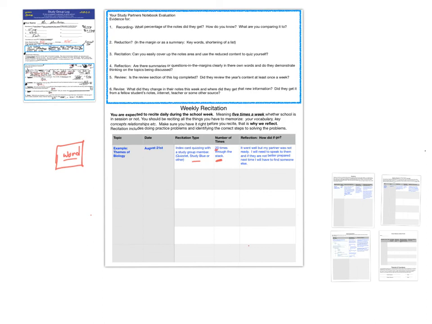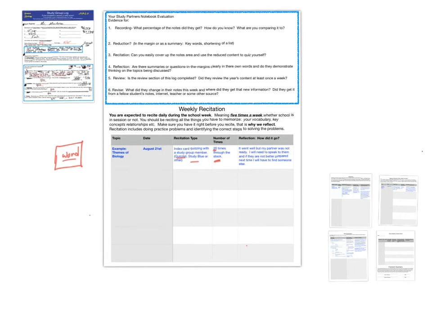Quizlet's free if you have an iPhone or a Droid. You can get a Quizlet account. I would not necessarily trust all the definitions in Quizlet. Most of them seem pretty good, but some of them are kind of weak and they don't go into as much detail as you might like.